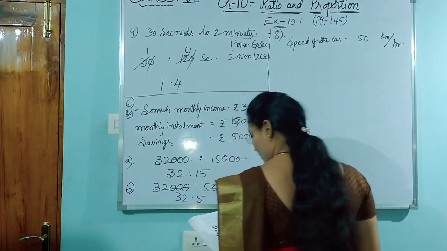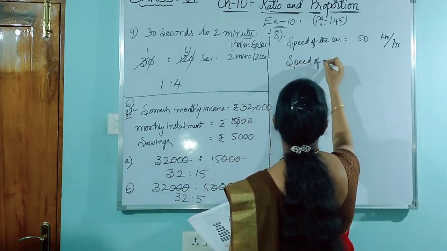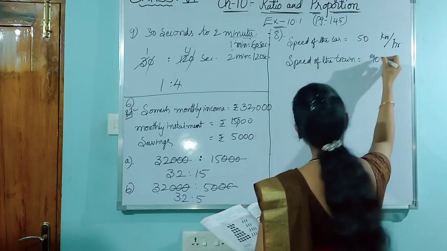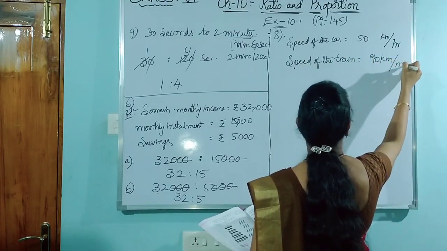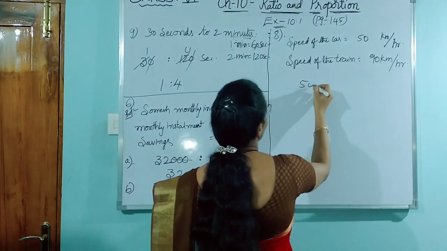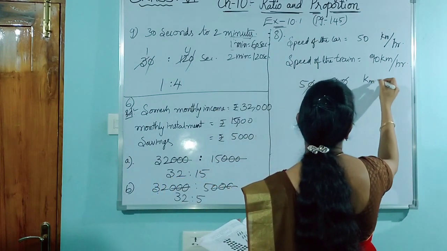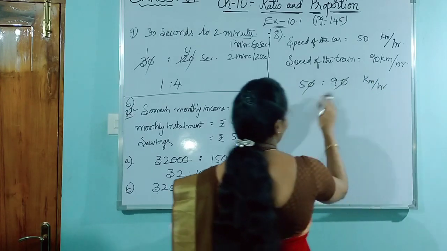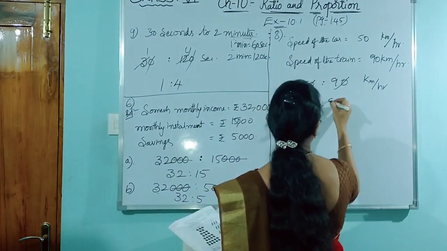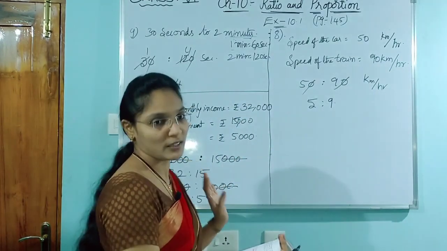Next, speed of the train, 90 kilometers per hour. Now we have to find the ratio of these two. So 50 is to 90, 0 cancel, kilometer per hour. These two don't have any common factors, so 5 is to 9 is the ratio of the speed of the car and the train, children.